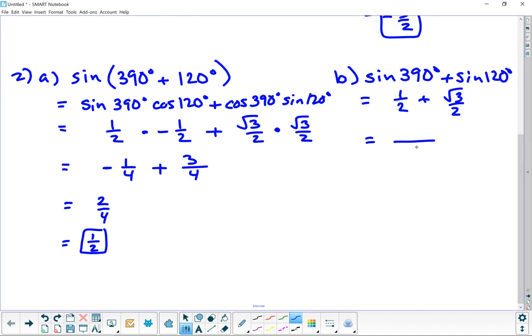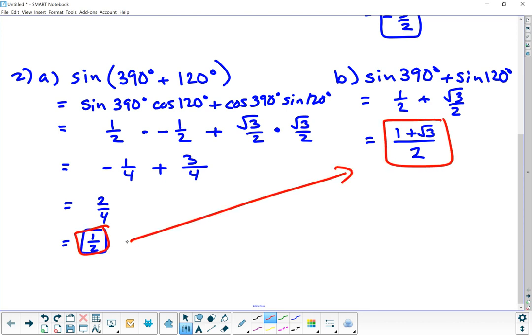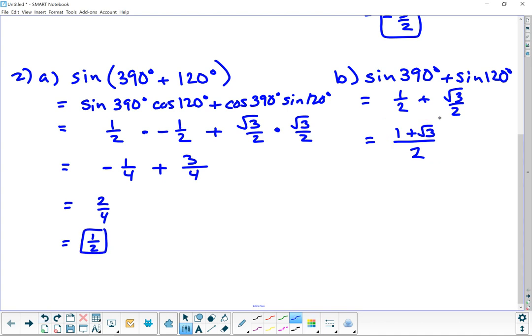Since the bottoms are 2's, you can say my bottom is going to be a 2, and the top is just going to get added, and it's going to become 1 plus radical 3. And you can't add those, so that's the best you can do. You can see that these do not match up. That's a no-go. But each of those is the right answer for its own problem.